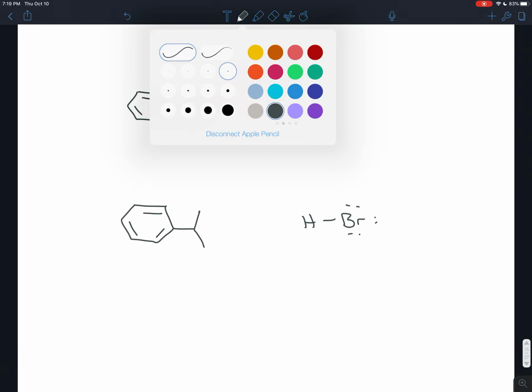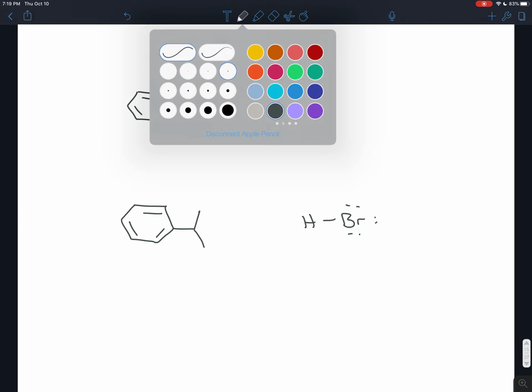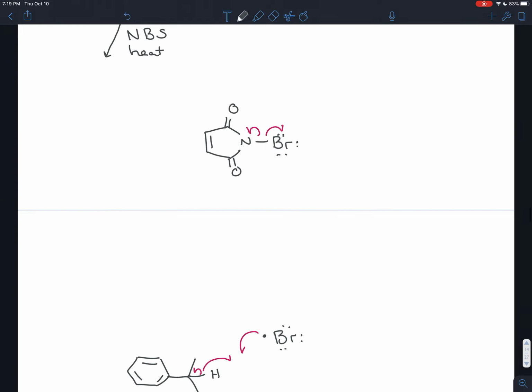But notice this bond had 2 electrons in it. We've only shown where one went. The other one goes onto the benzylic position, so that you have a radical here now, and that's able to form because it's allylic to the pi bonds in the ring. So it's being stabilized by being spread out through those pi bonds.